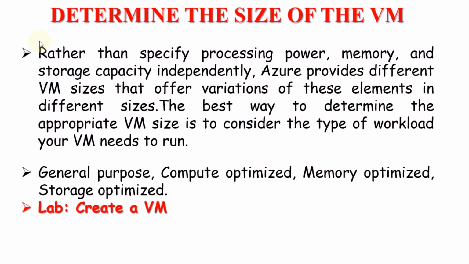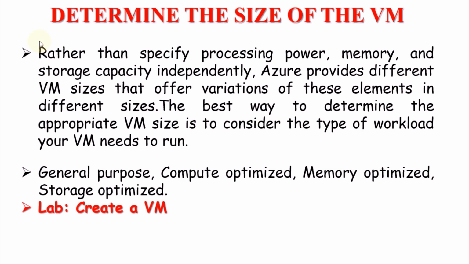So for a graphic designer, for example, the specification of computer you buy will be different from that of a software developer. So in creating your VM, rather than choosing these three things independently, Azure has categorized your VMs into categories such as general purpose, compute optimized, memory optimized, and storage optimized.